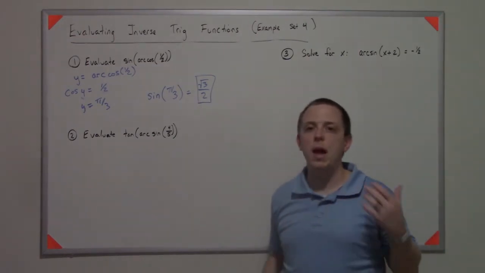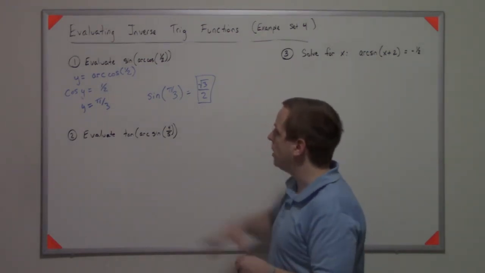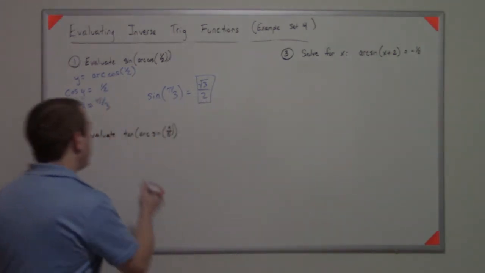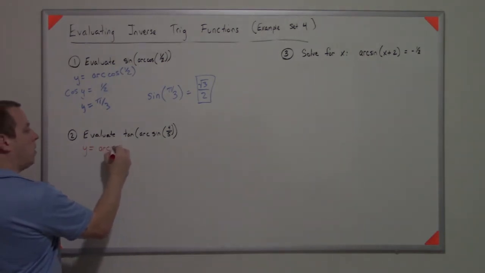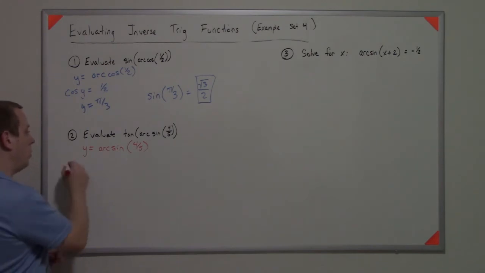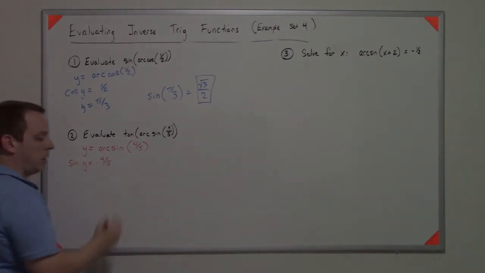But what happens in the case where we can't use the unit circle? What if we say, all right, tangent of arc sine of 4/5? In this case, y is arc sine of 4/5, so sine of y is 4/5.